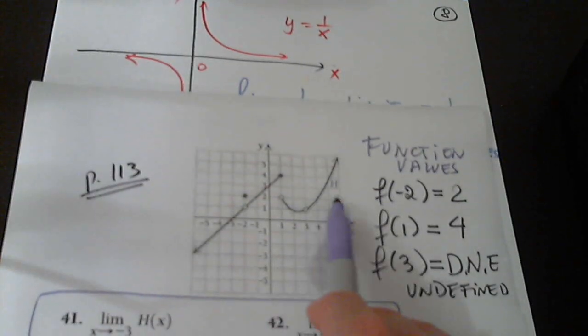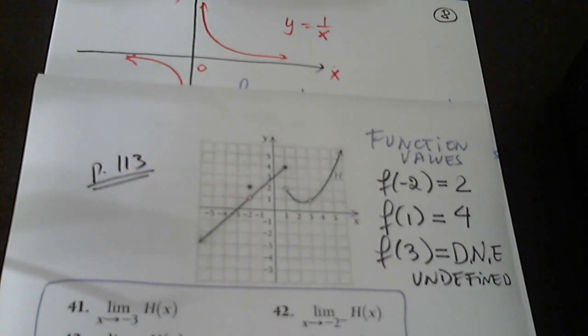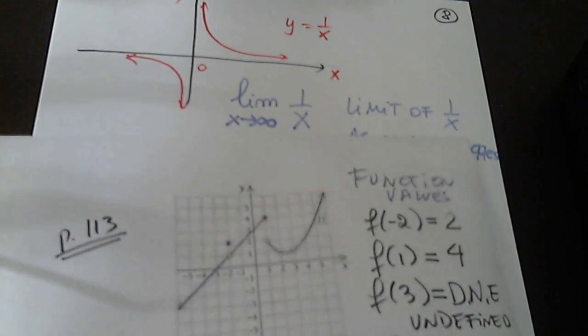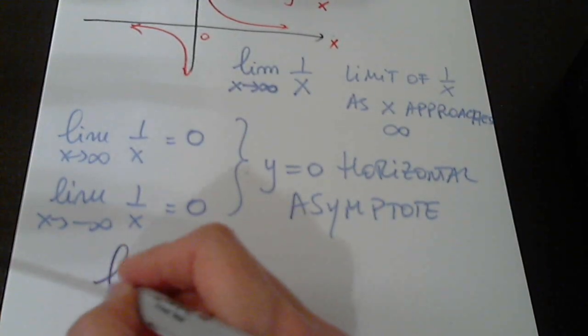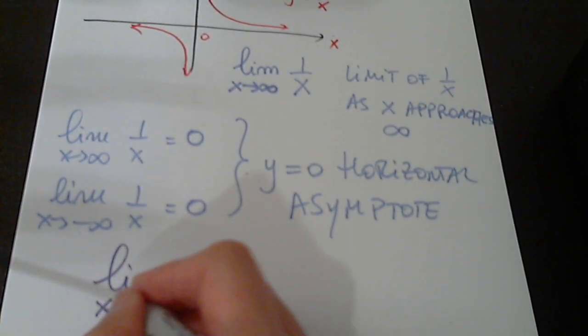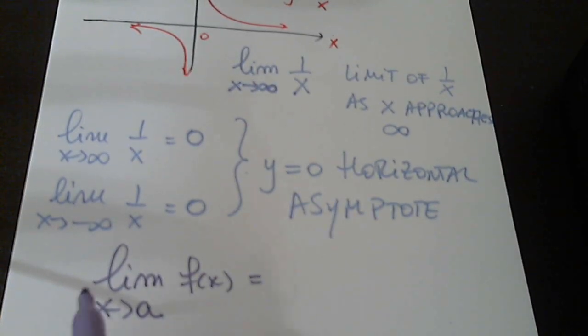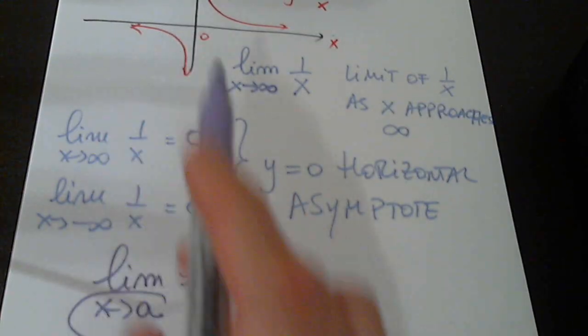So this function is called h of x. We're asked to find the limit of this function as x approaches -3. I need to explain something before we look at it again. The limit as x approaches a number from f of x, this was different because it was infinity or negative infinity.